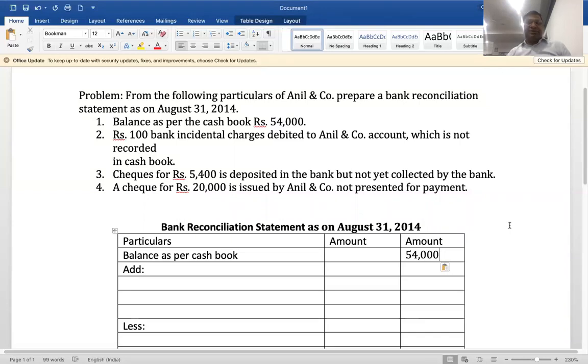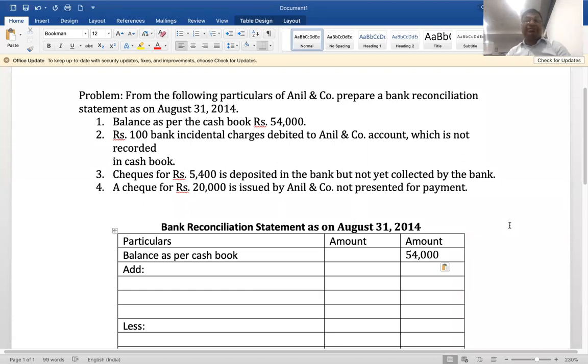The proof of the company's entries is the cash book. When it is cash book, please understand that it is a triple column cash book. It is not a double column cash book.